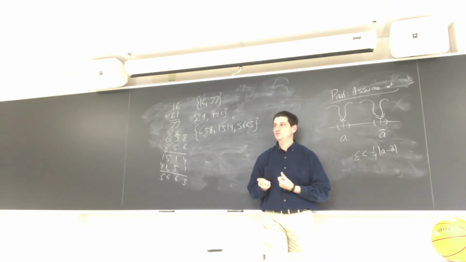And for the 3x plus 1 problem, roughly, if I choose a number at random, what's the probability that it's odd? 1/2. What's the probability that it's even? 1/2. What's the probability that it's even and divisible by 2 but not 4? 1/4. Divisible by 4 but not by 8? 1/8.